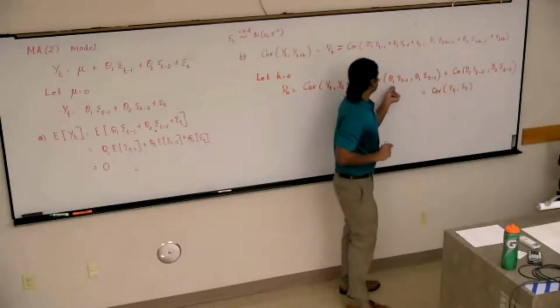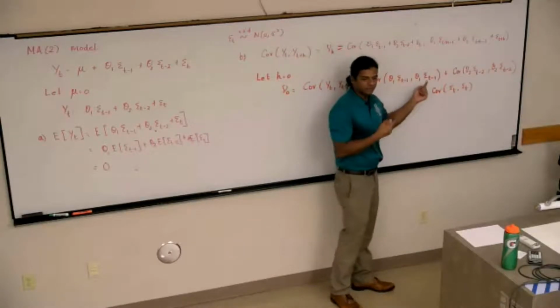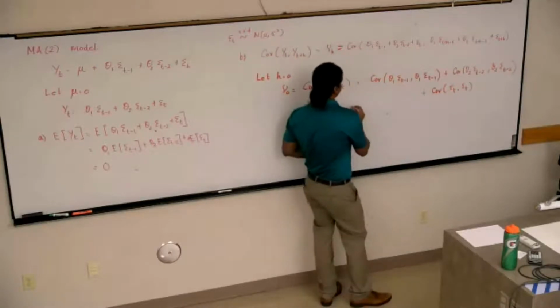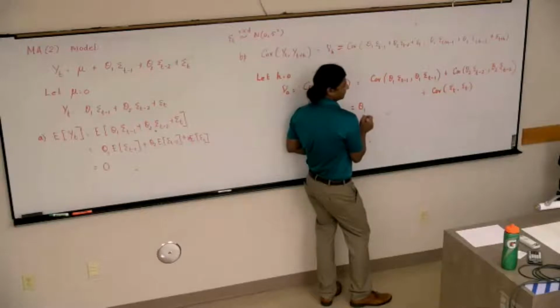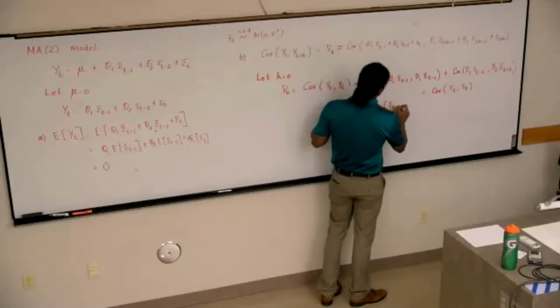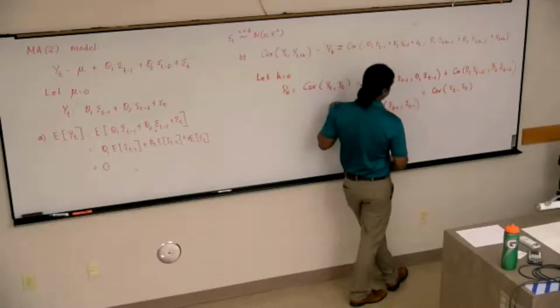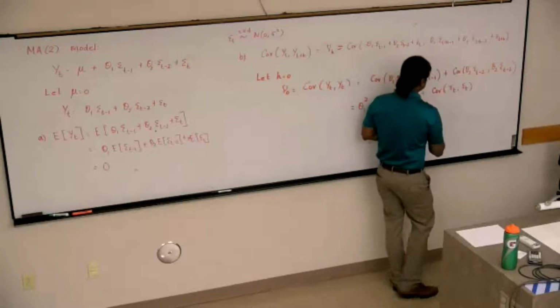So you have theta 1 here, theta 1 there, both of them are constants. If you pull them out, it becomes theta 1 squared, covariance of epsilon t minus 1, comma epsilon t minus 1. What about the next term?